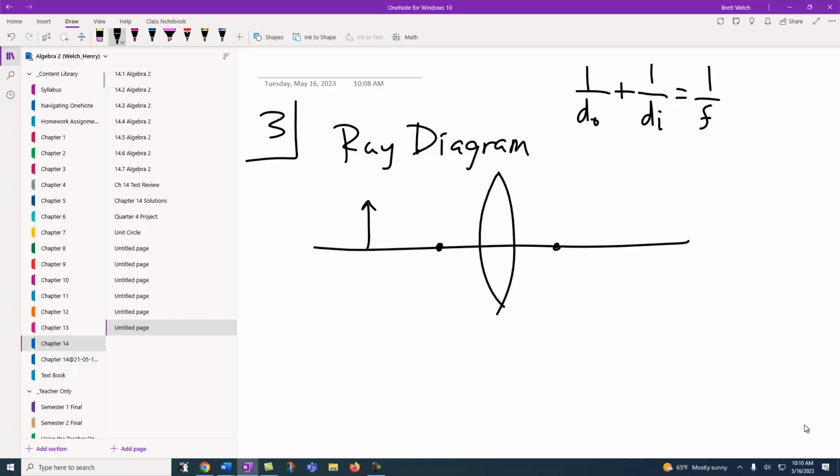What's ray 1 supposed to do? Parallel to the focal point. Ray 2, the focal point to parallel.